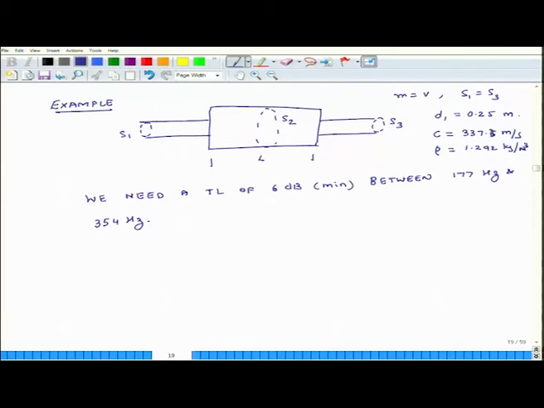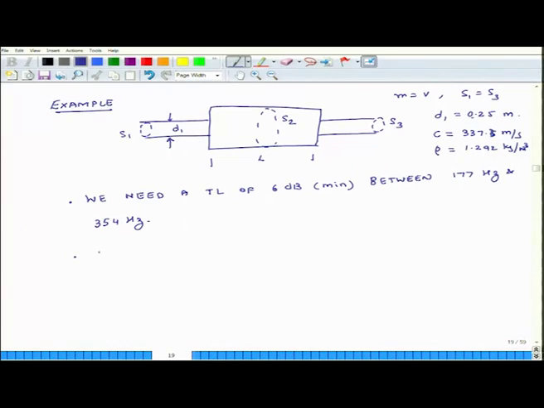Okay. So, between 177 and 354 hertz we want a minimum transmission loss of 6 decibels. This diameter is this parameter D1, which is the same as 2a, and so this is the requirement.